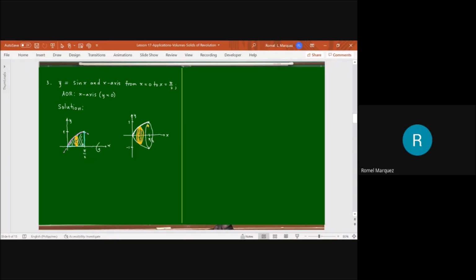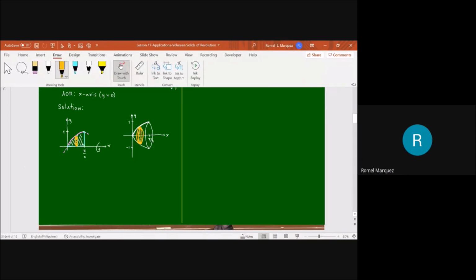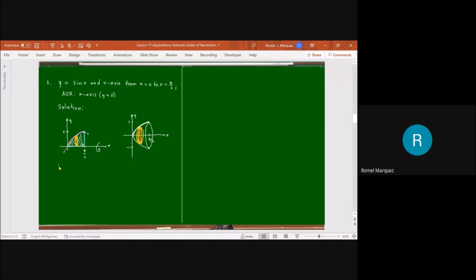So what's the volume, guys, using circular disc method, making use of vertical element? What's the formula again? Pi integral from a to b, r squared dt. What is our radius? Y higher minus y lower, right?